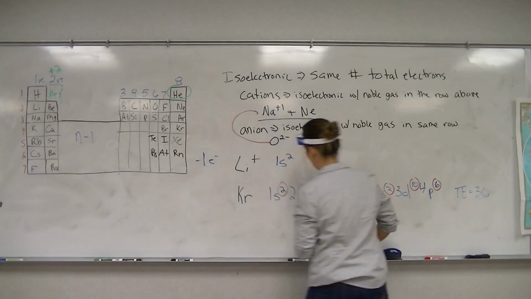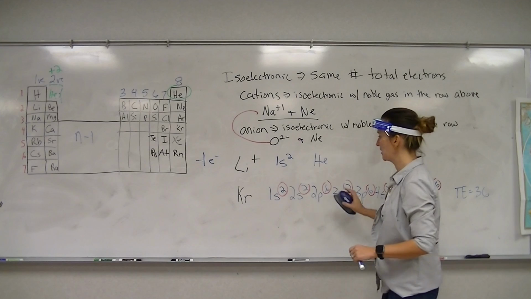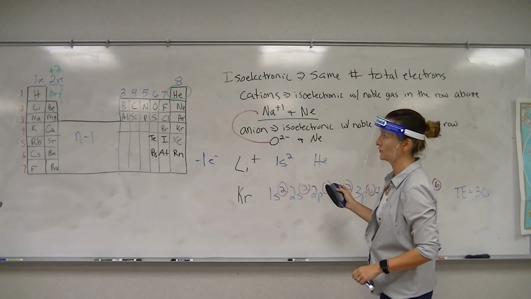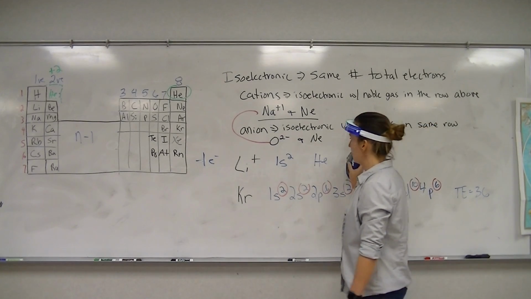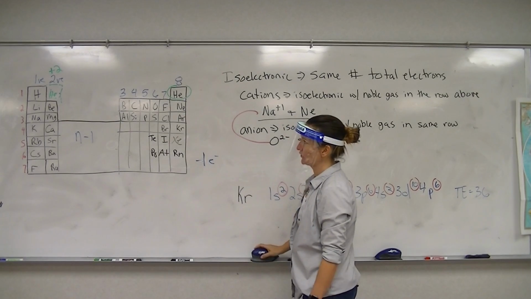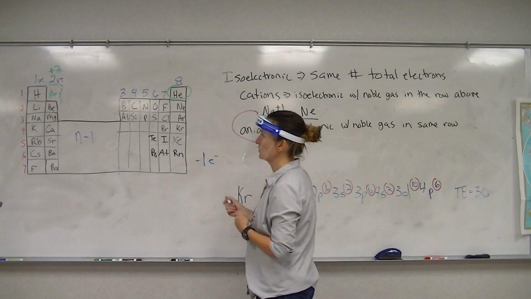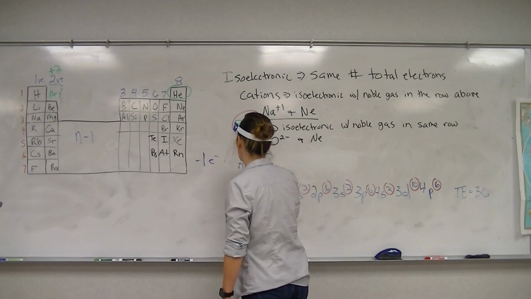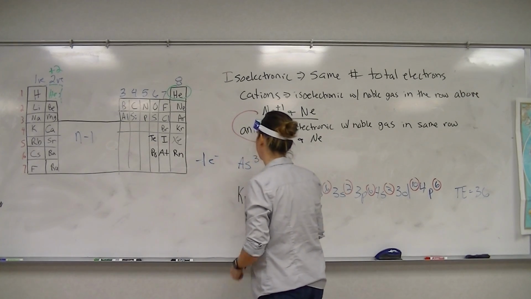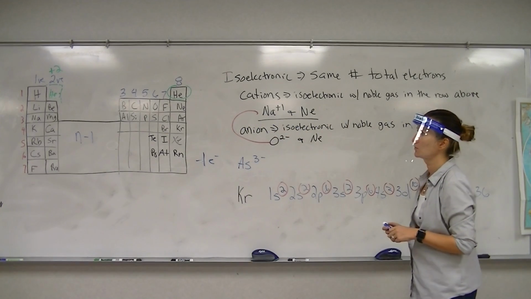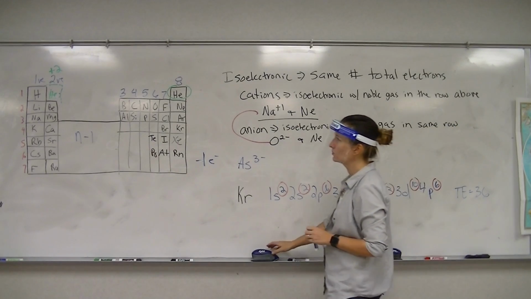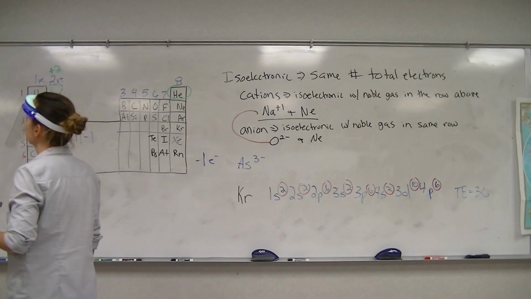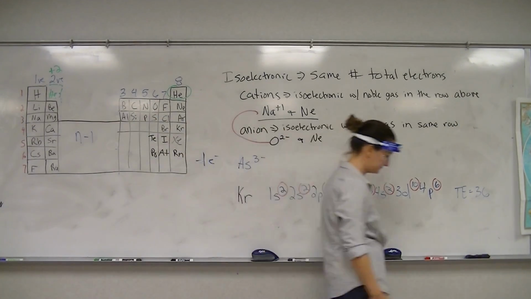Let's try, we'll keep krypton, but I'm going to give you another ion and we'll see if it matches with krypton. Just so we can write the electron configuration of another ion. Okay.